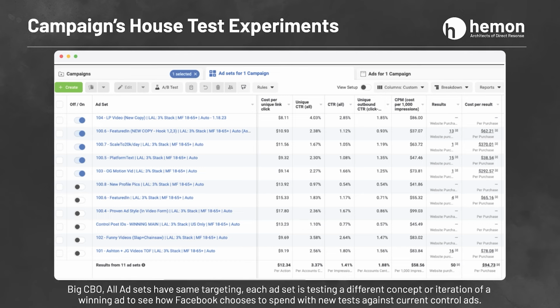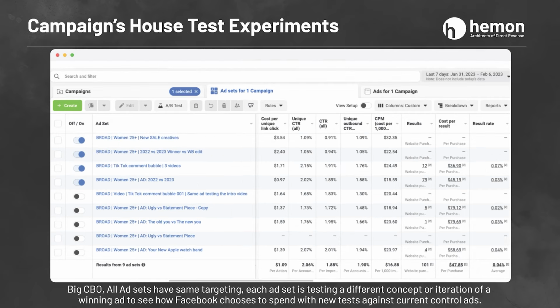Once we find an audience that works, we need to do very little adjusting of it. We're focused entirely on the creative and concept that we're coming to the market with, right? So our campaigns are just housing test experiments, and that's all we're really doing. For example, all big CBO, all of the interests are the same. You can see each ad set has a different concept or campaign promo or angle that we're coming at the market with, right?